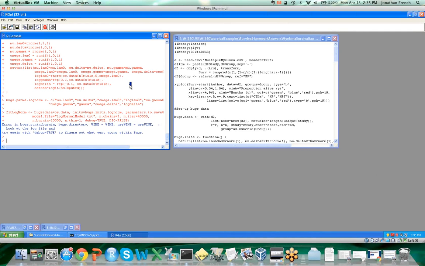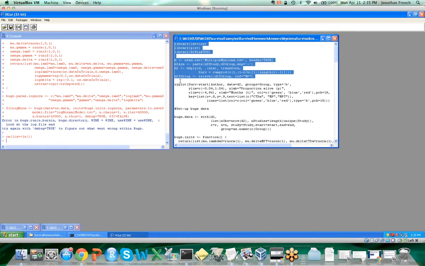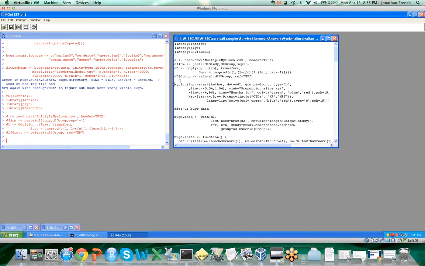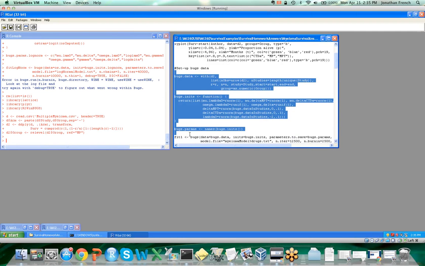So let's go ahead and remove all of the objects we created previously. Then we'll read in the data and set up our code here.